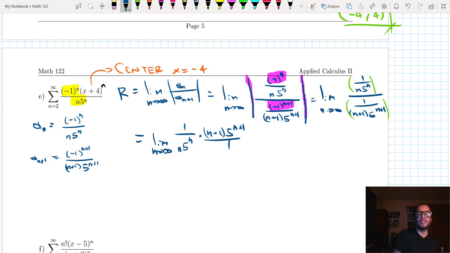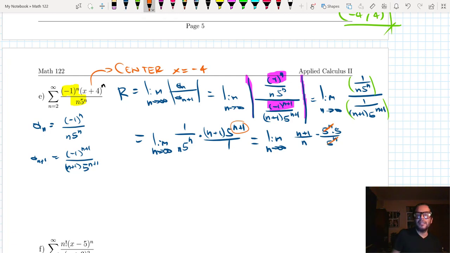N approaches infinity. So what are we going to do here? I'm going to group this, and that's going to be limit n plus 1 over n, and this 5 to the n plus 1, I'm going to use laws of exponents again to write this as 5 to the n times 5 divided by 5 to the n. And we get the following.